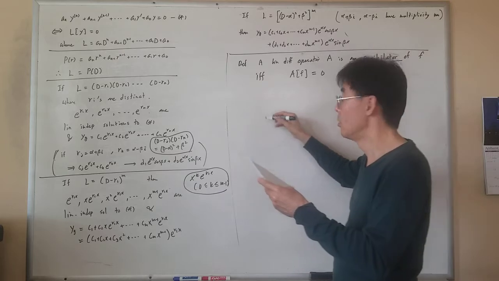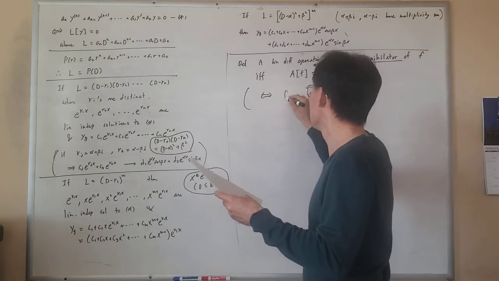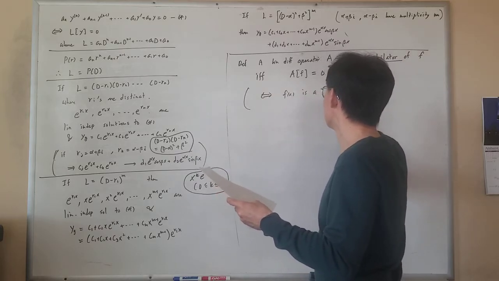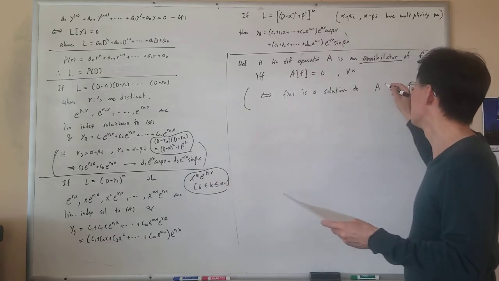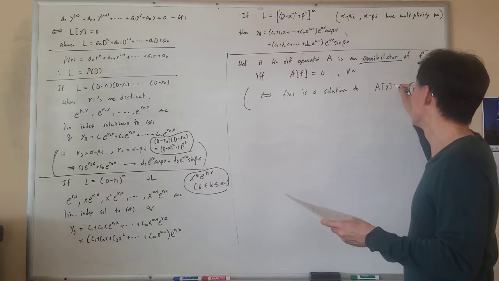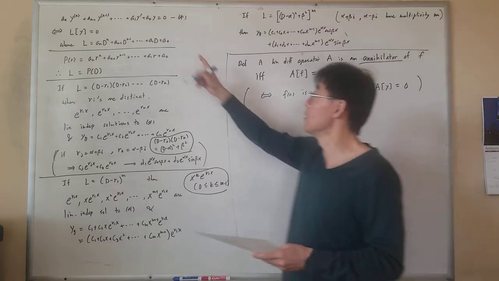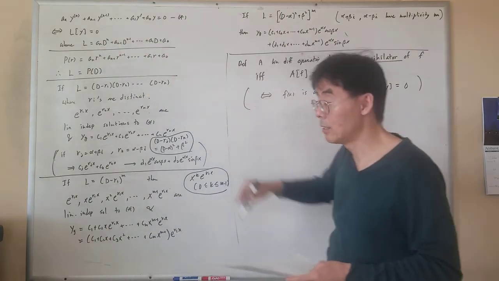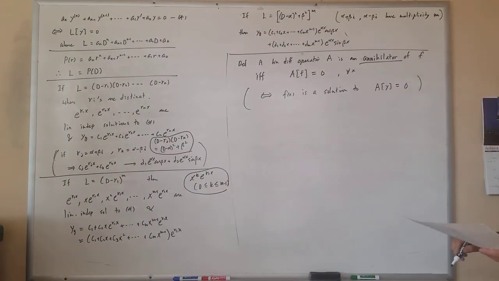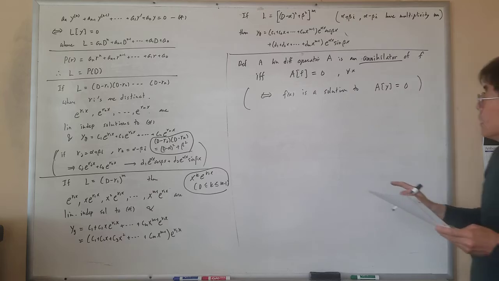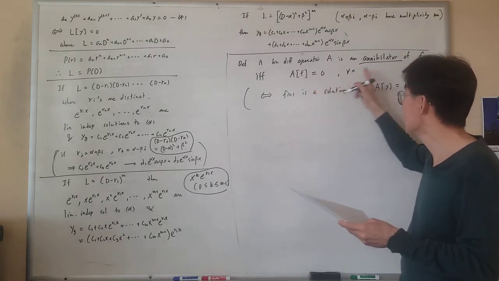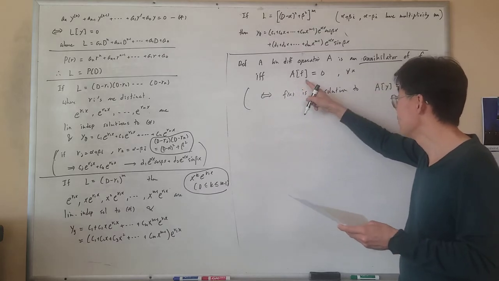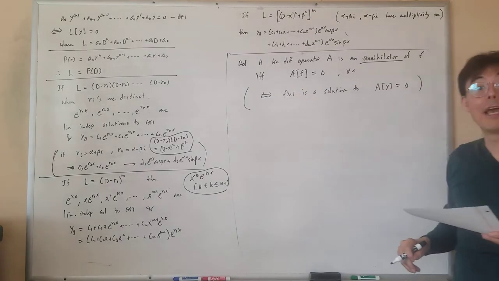Alright? Which means that f of x is a solution to this linear differential equation. It's like this. Instead of L, it's any linear differential operator. Okay? So, annihilator. F is annihilated by A means f is a solution of A of y equals 0.